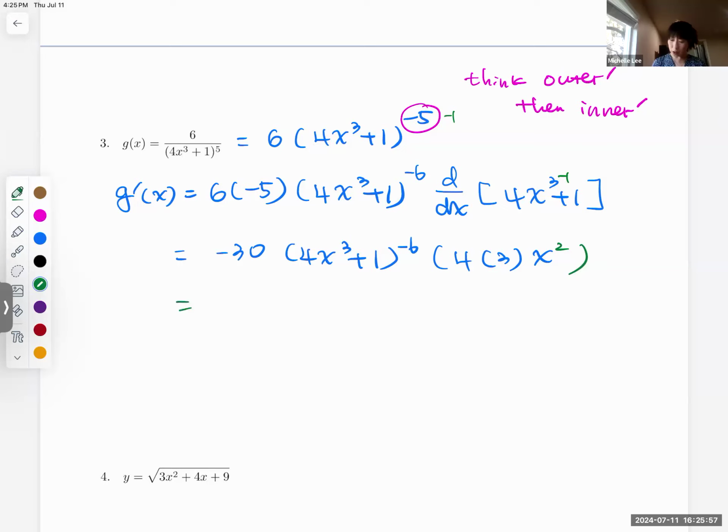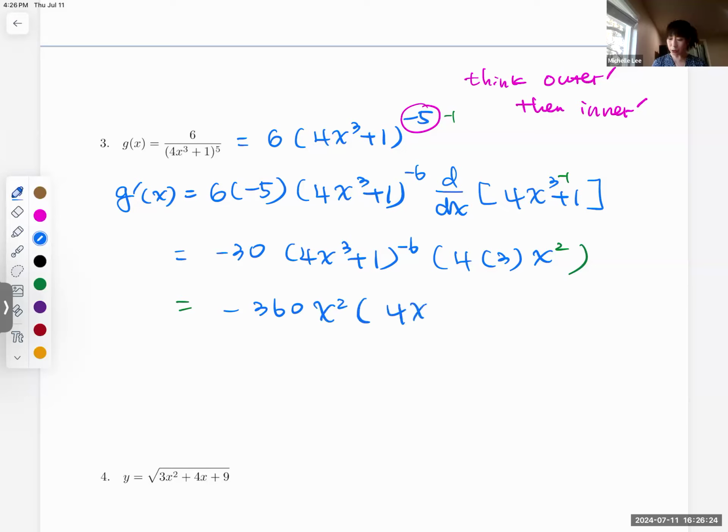Okay, so altogether 4 times 3, which is 12. 12 times 30, 360. So negative 360 for x squared there, right? x squared.